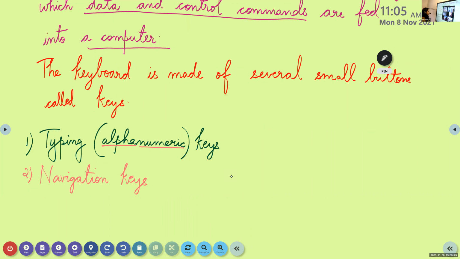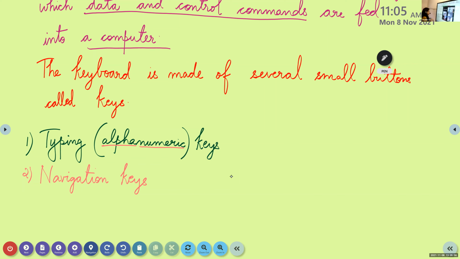Again, I told you when you play games, if you are playing a car race, if you want to move the car to the left side, which key would you press? Yes, the left arrow key. And what about the right side? Right arrow key. If you want to jump upwards, the up key.